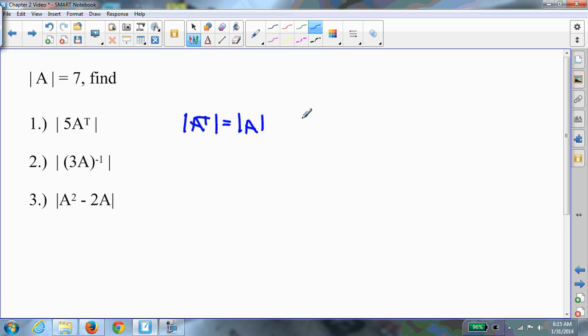So the determinant of 5A transpose is equal to 5 to the n, because I have to factor a 5 out of each of the n rows, times the determinant of A transpose. So the final answer is 5 to the n times 7.